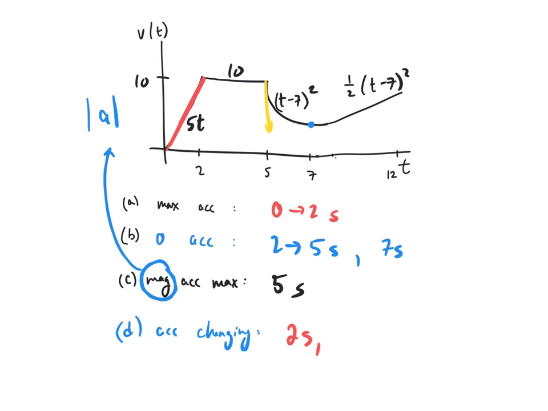Now, after 5 seconds, when does acceleration change? Does it change at 5, from 5 to 7, at 7, from 7 to 12, or at 12? You see all those options I just gave you? Tell me. Isn't it changing at all? Very good. How come? Because at 5 it goes from 10 to t minus 7 squared.